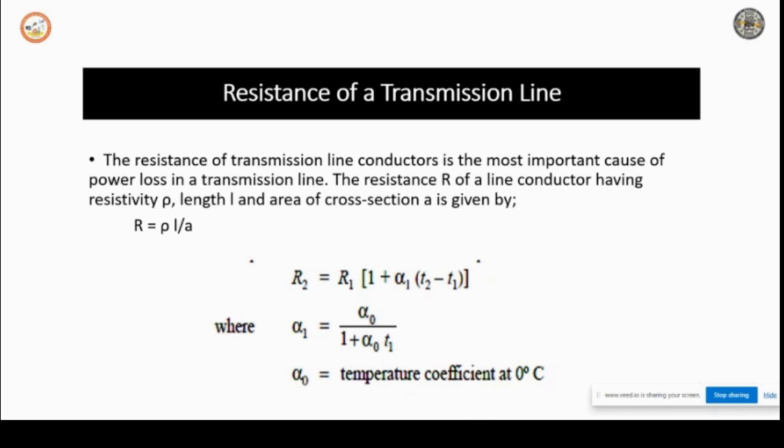The value of capital T will be 234.5 degrees centigrade for annealed copper of 100% conductivity. This completes class 1 on resistance and line parameters.